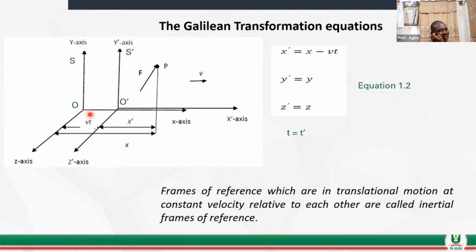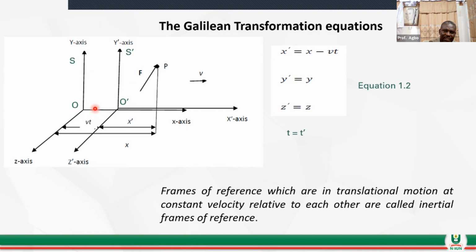Now, just like we said, the person who is on the ground and someone who is in motion in a car that is moving, you see that the S prime frame has now left the S frame.